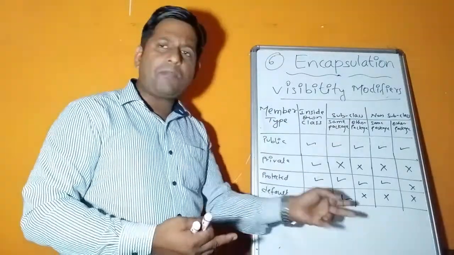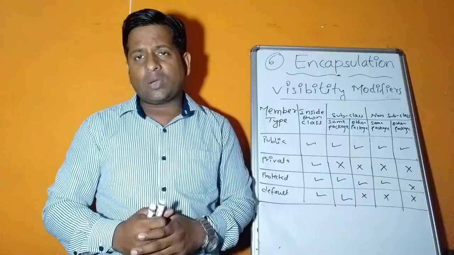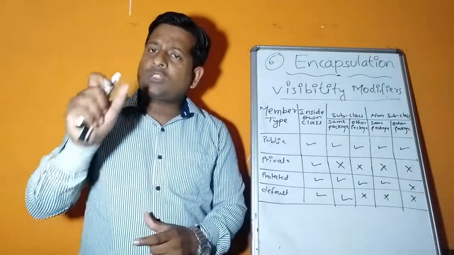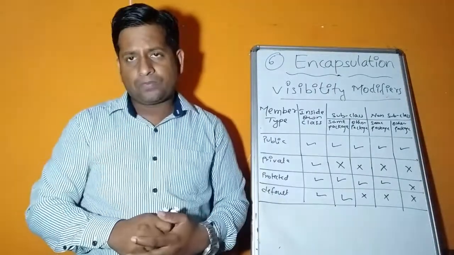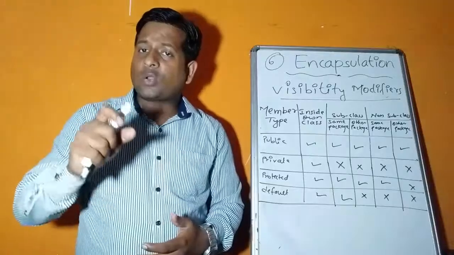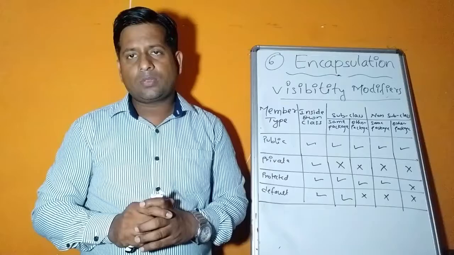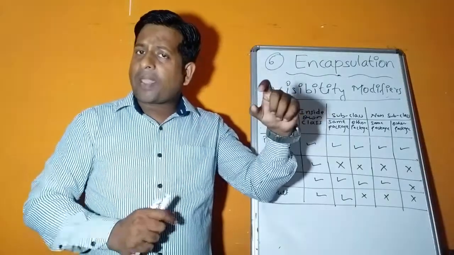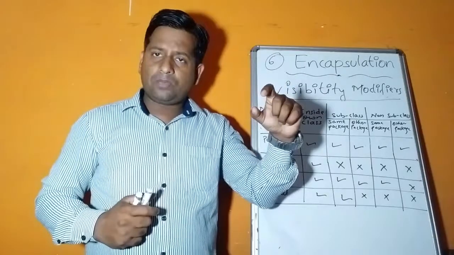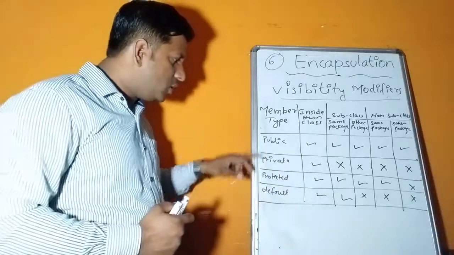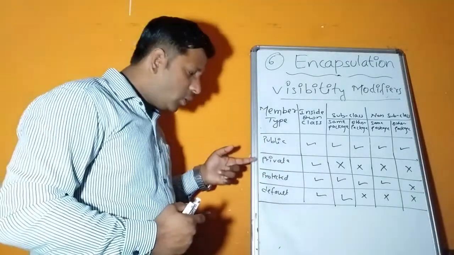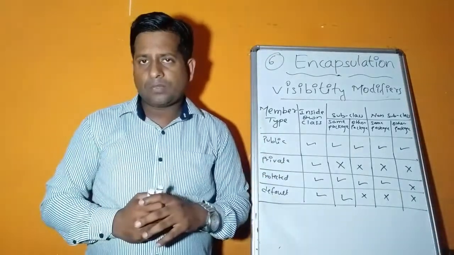Even subclass and same package, we are using only a single package right now. Package is import java.io.asterisk, import java.lang.asterisk. This is the package, a collection of library functions. We are using a single package, single class in a program. That's why we can use either the default or we can use public. We are not using private and protected.